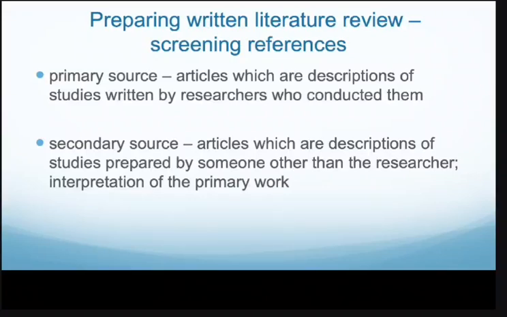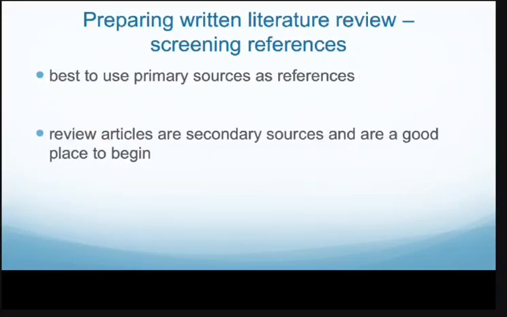If someone asked you to describe your experience in a class, perhaps in this class, at the end of the semester, you could say, well, this is what this class was like. However, if one of your friends said, oh, well, this is what they told me the class was like, there is potentially some faulty interpretation. So look for primary works rather than secondary works. It's best to use primary sources.